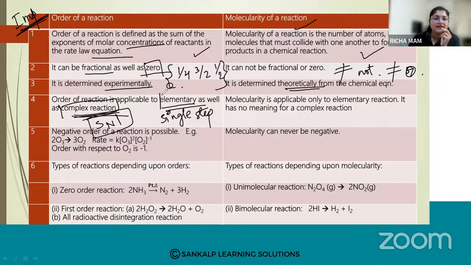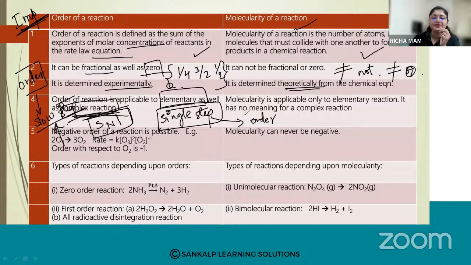In an elementary reaction, as it proceeds in one step, that step decides the order of reaction. But in a complex reaction, the slow step, the rate determining step, decides the order of reaction. Is it clear now? Yes, very important point. Is it clear, students?